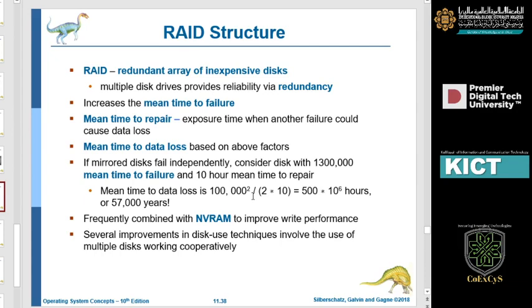The second is multiple disk drives provides reliability by providing some kind of redundancy, right? It also increases the mean time to failure. So if you have a lot of disks, you can access them less frequently, for each disk.